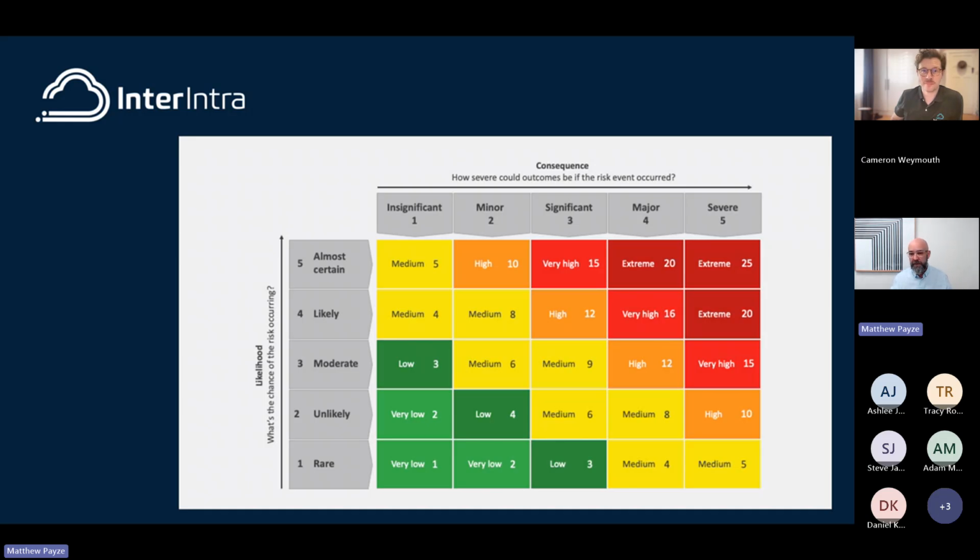Because once we apply controls, we're going to have a residual risk. So our initial risk could be 16. We're going to apply MFA. We're going to increase our email security. We're going to do cyber awareness training, targeting phishing emails in particular. After we apply those controls and we review it, we're going to have a residual risk. And hopefully it's much less, and hopefully we're willing to accept that, okay?